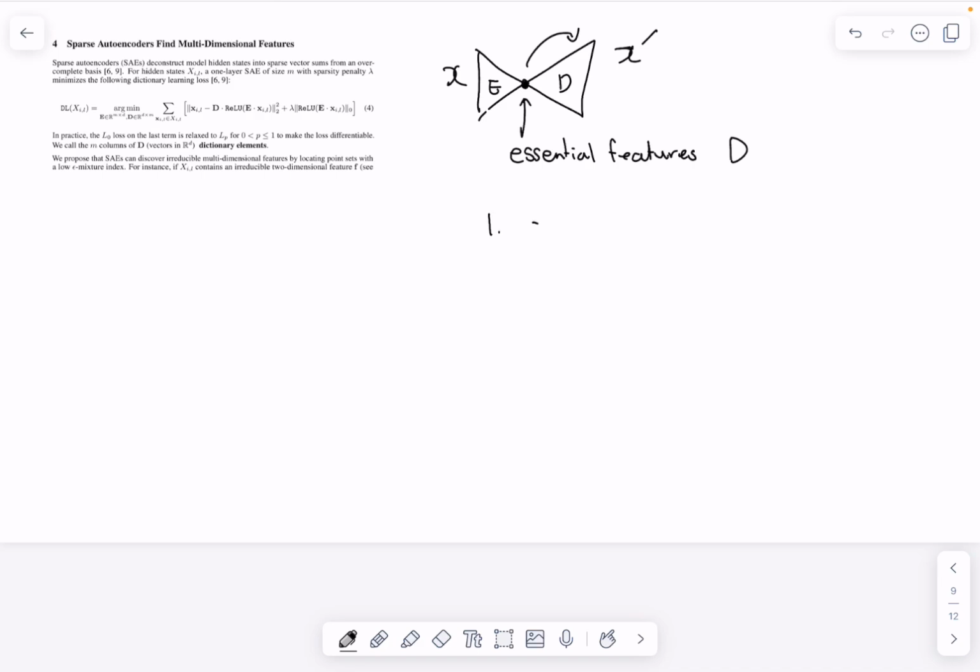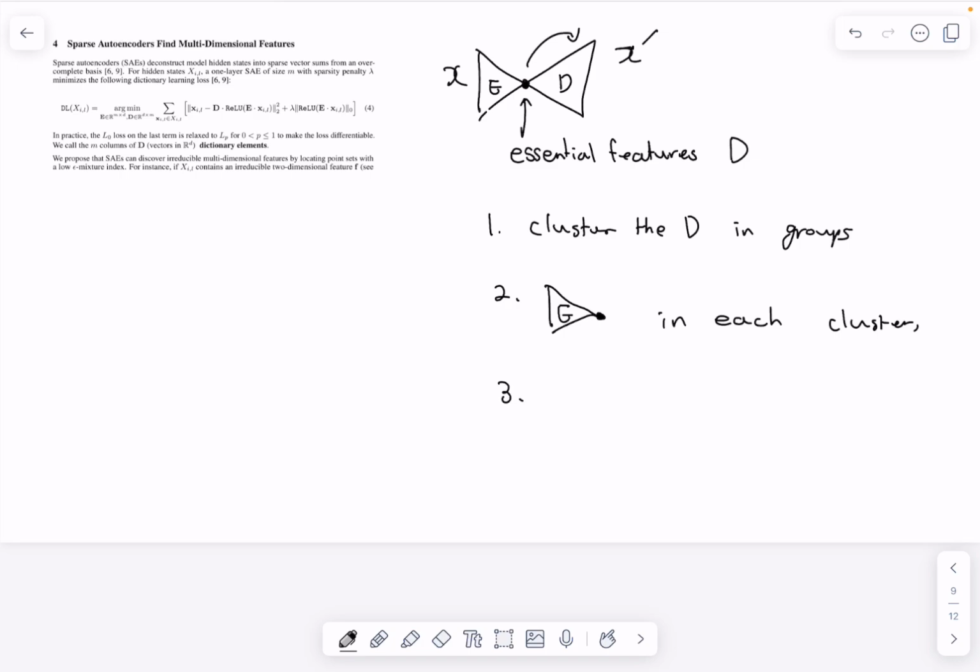First, cluster the data into groups. Second, apply the SAE encoder to the data points in each cluster, retaining only the most important features.